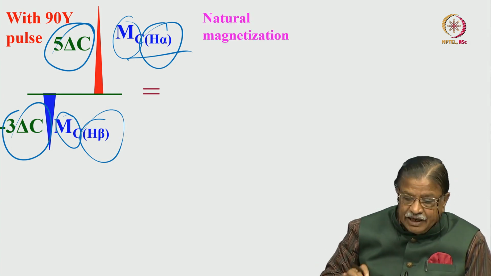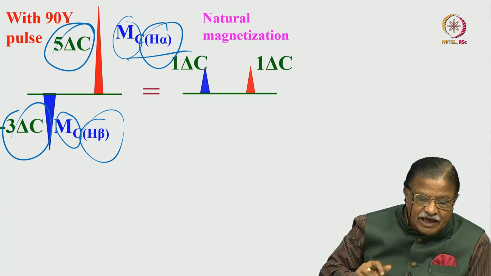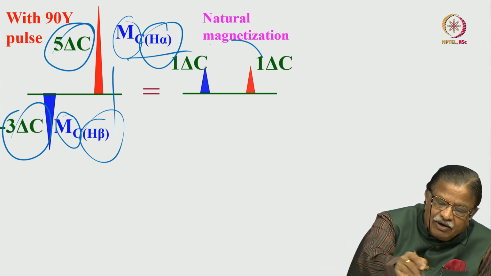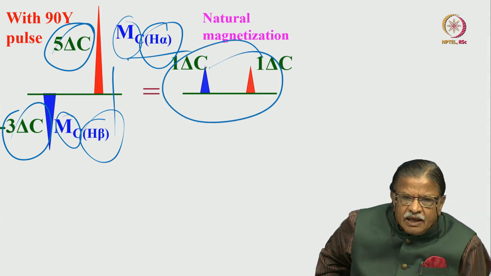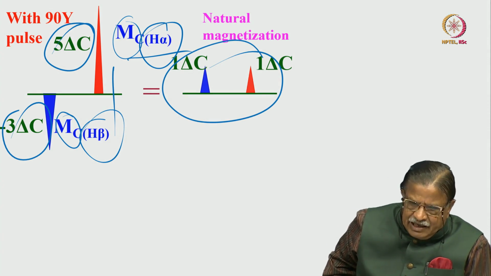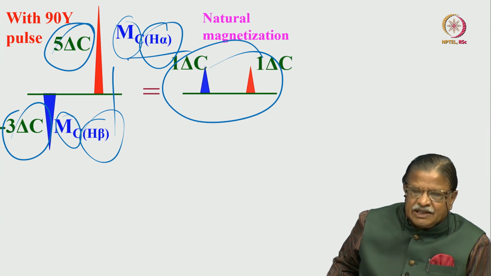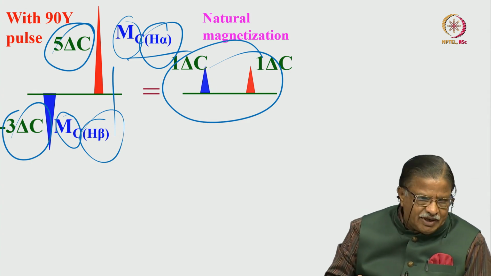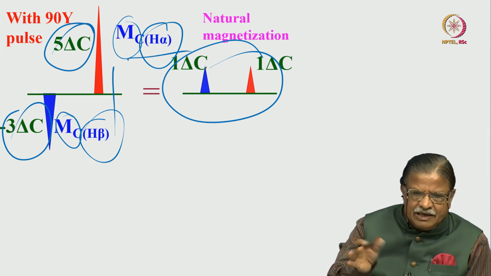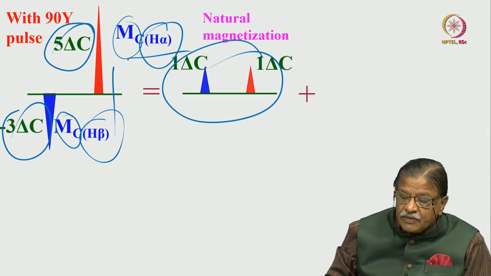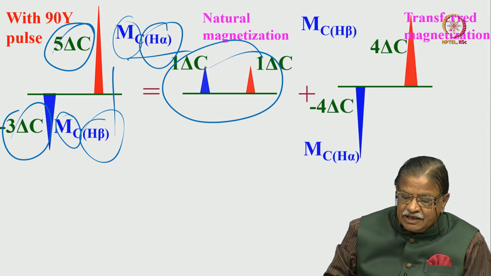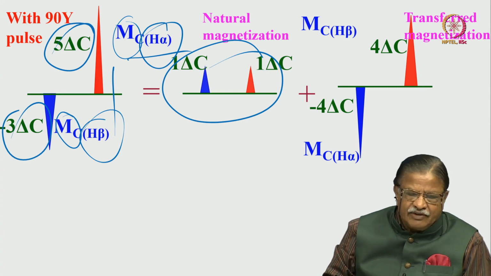And what we are going to do is, this is equal to what we observed, equal to natural abundance magnetization, which is natural magnetization of carbon 13, which is not transferred. So, it is intensity 1 because it is a doublet, 0.5 and 0.5, we will take 1, and then the transferred magnetization is of course antiphase, minus 4 and plus 4.